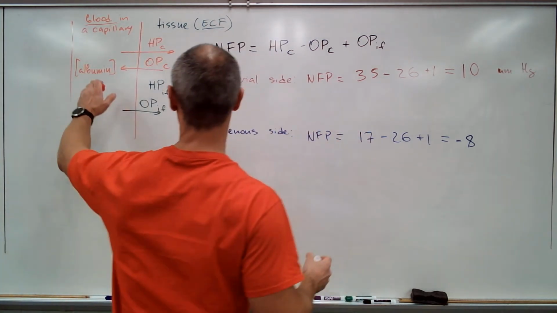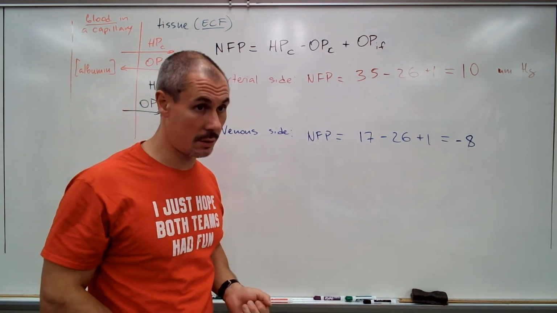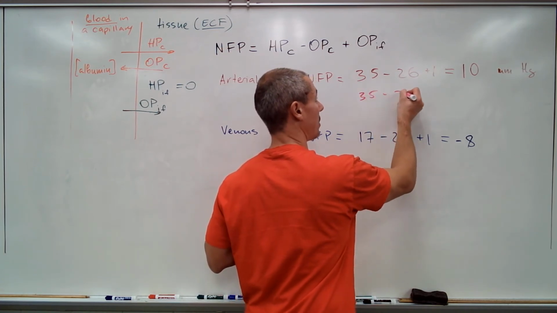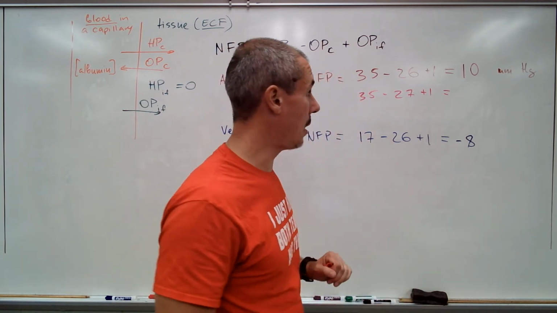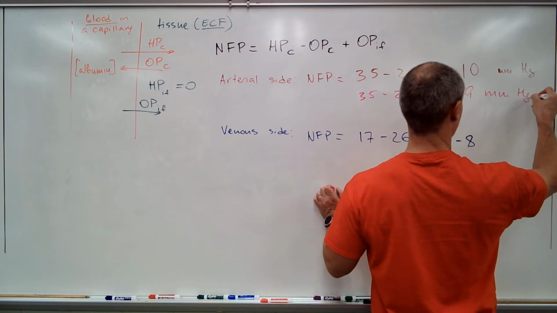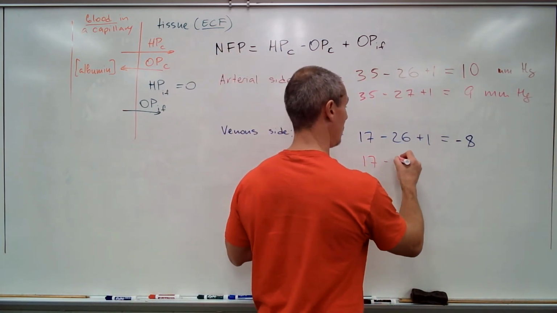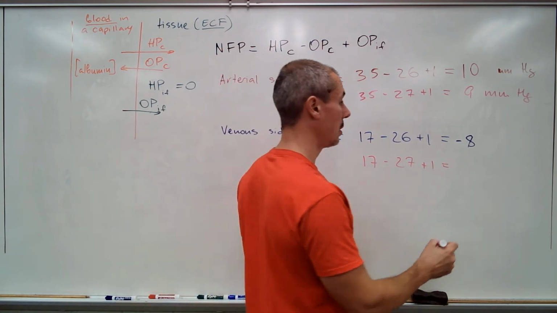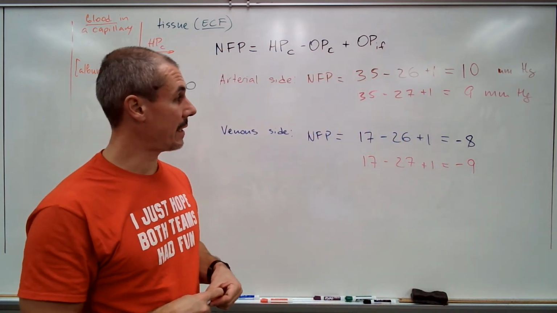And as albumin concentration increases, osmotic pressure increases as well, right? So what's going to happen here? 35 minus 27, for example, plus 1 equals now 9 millimeters of mercury. Now here, you have 17 minus 27 plus 1 equals negative 9. Now, what does that mean?